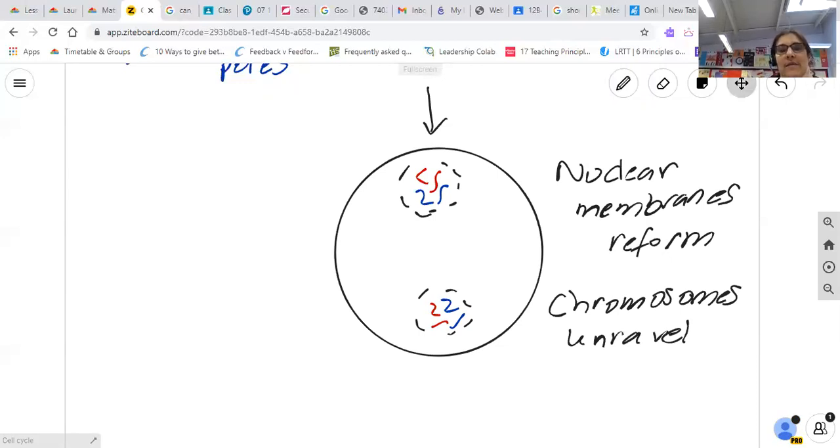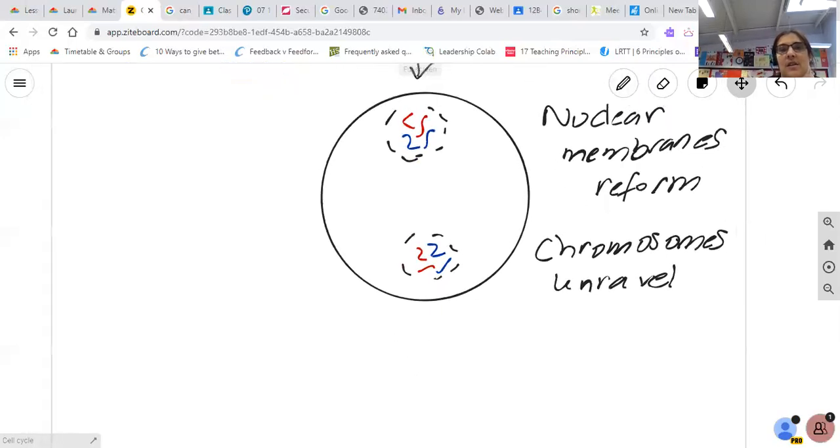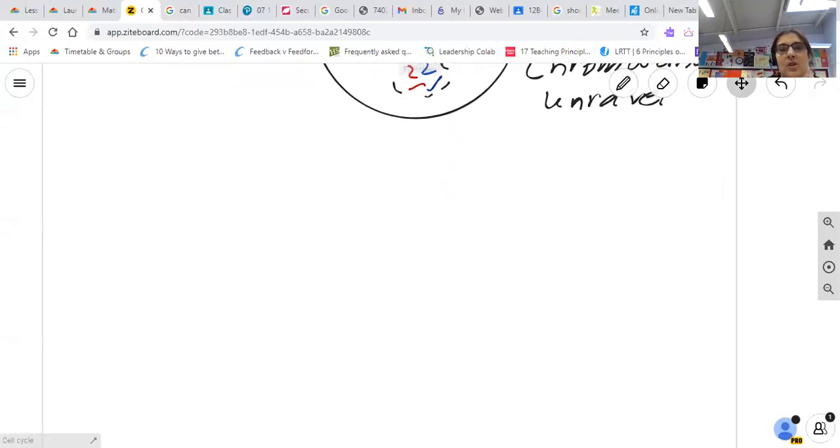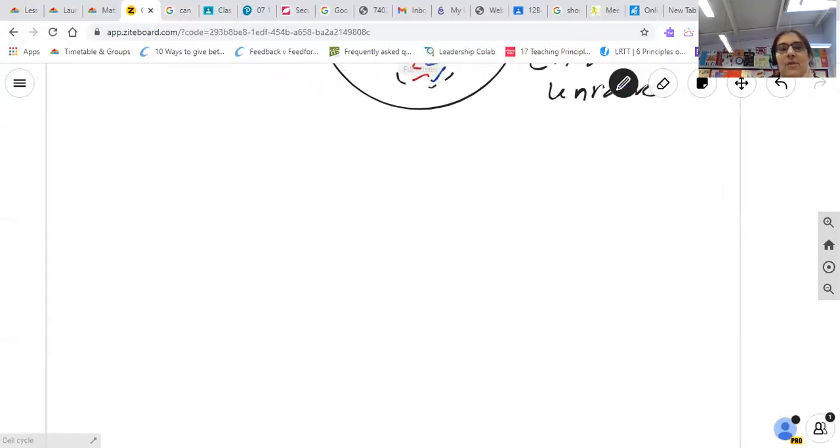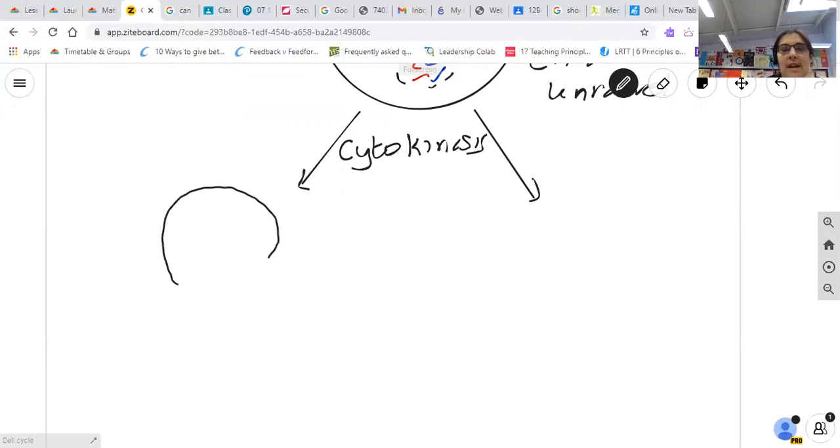But you'll notice there's actually no split. That split will have to come in cytokinesis. So although this is telophase, telophase just means we've now got 2 nuclei in one cell. We're now going to have to actually split those cells into 2. And there's 2 possibilities for cytokinesis, depending if you're an animal cell or a plant cell. If you are an animal cell, then you form what we call a cleavage furrow.